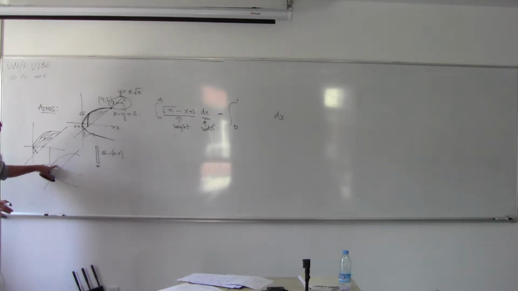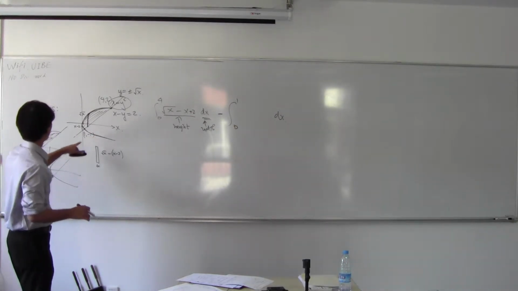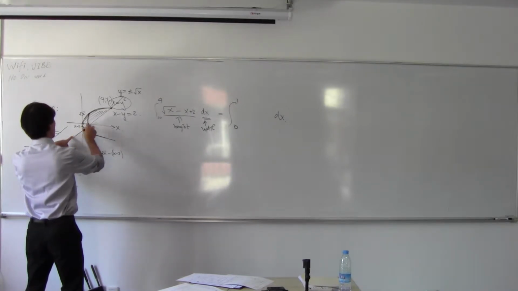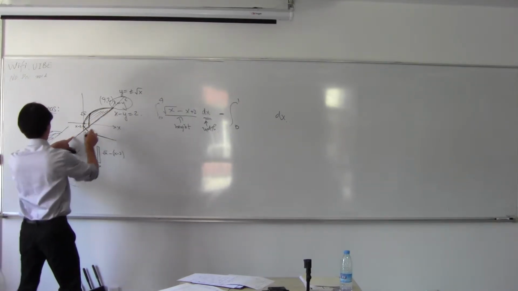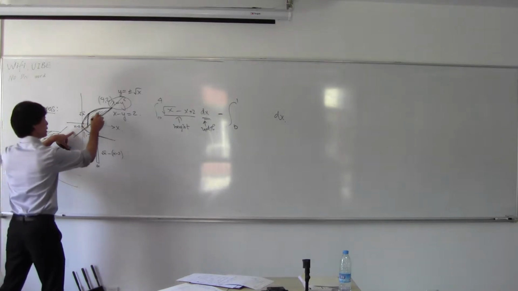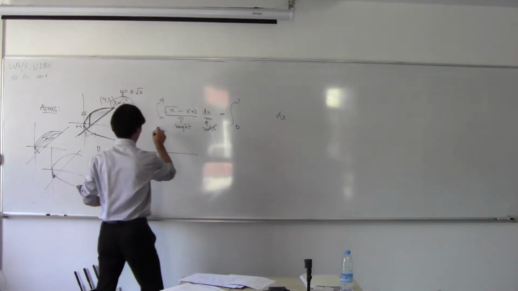X minus 2 minus... X minus 2, that's the lower guy. That's this line, right? X minus 2 minus what? Actually, x minus 2 is this line here, so let me blow it up.